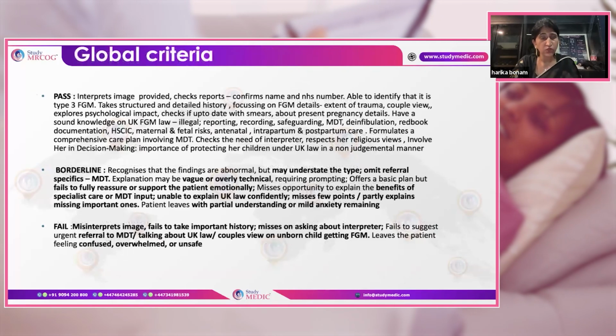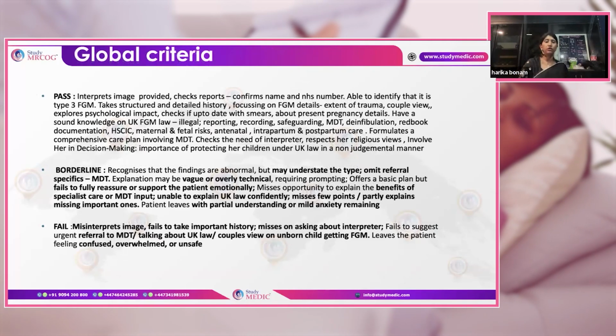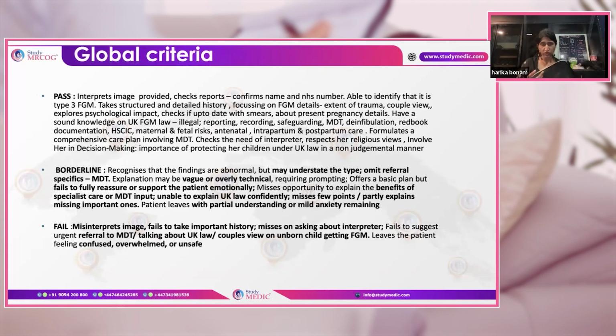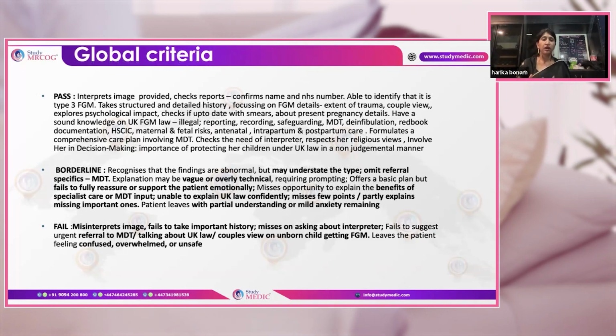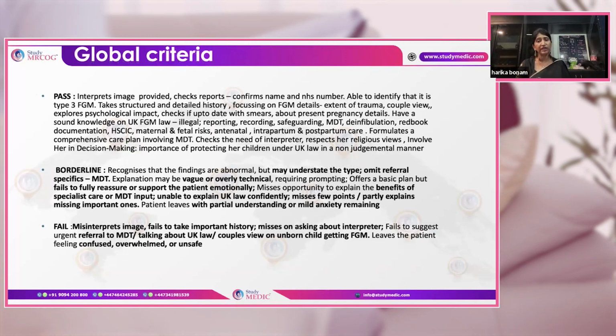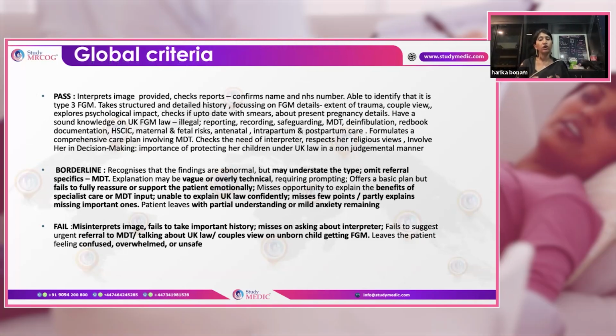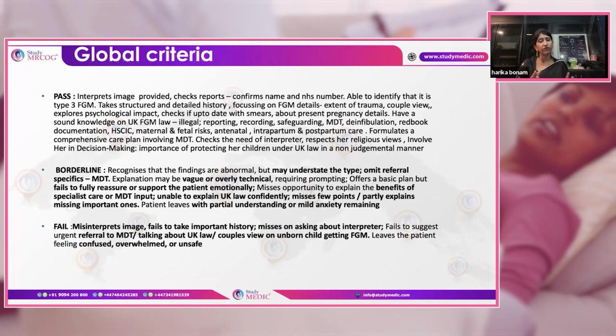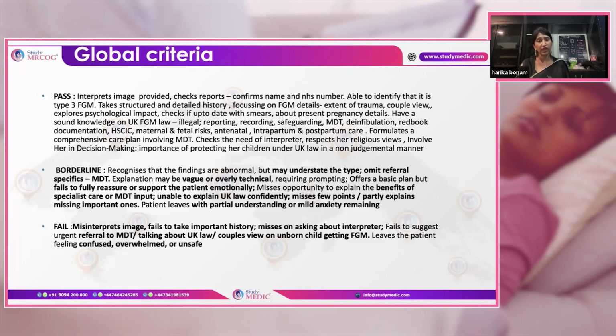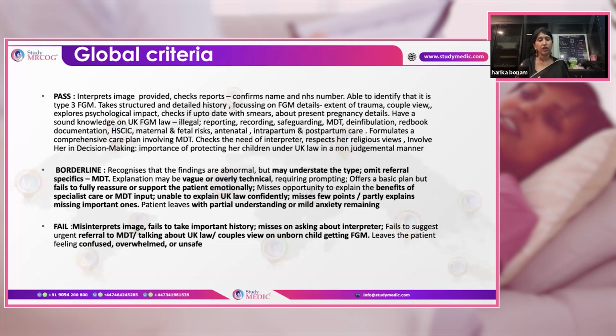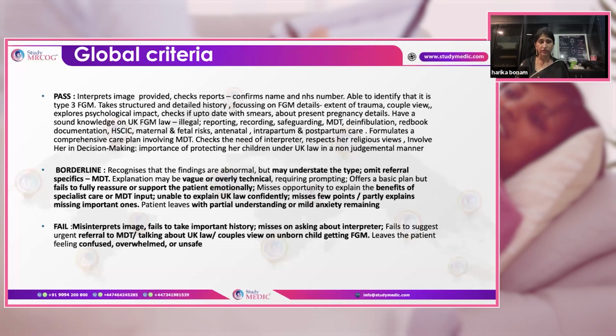So for a pass, we usually give the pass mark if you are able to interpret the image, check the reports nicely, confirm the name and NHS number, and type of FGM, and give a structured, detailed history focusing on the FGM details, including complications and the psychological impact, checking the smears, and details of the present pregnancy.